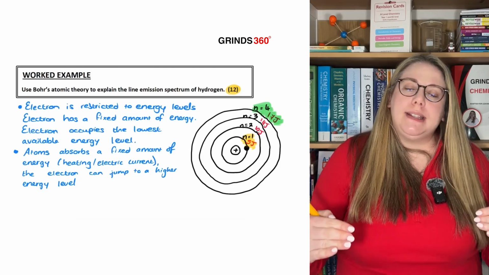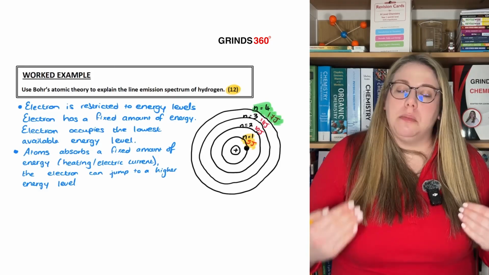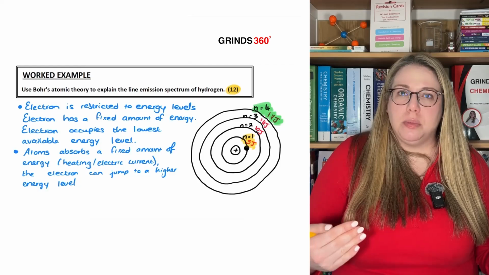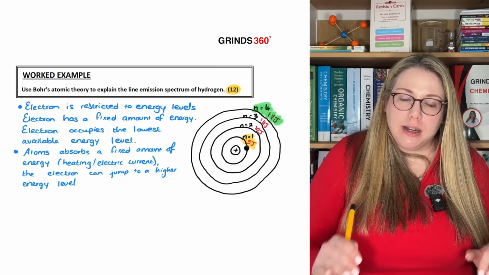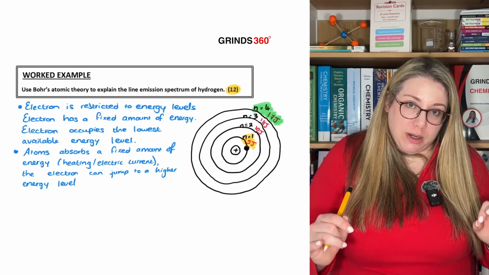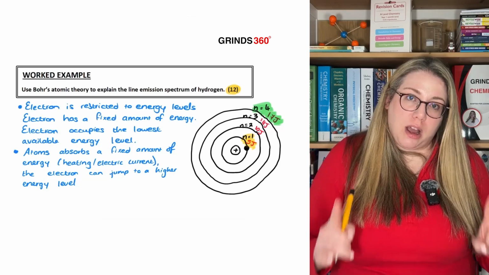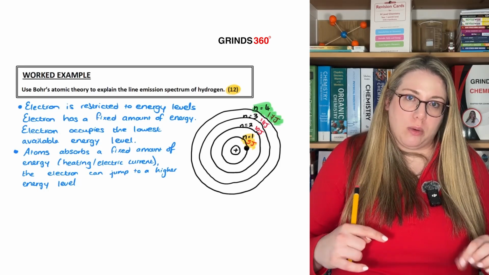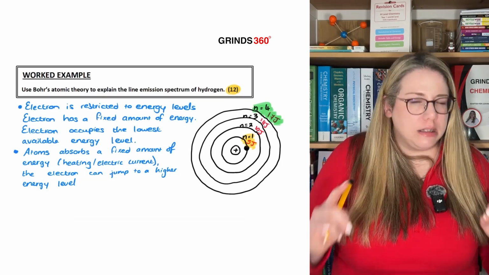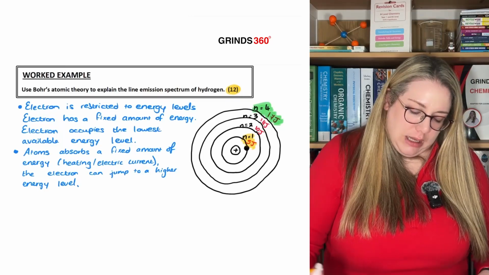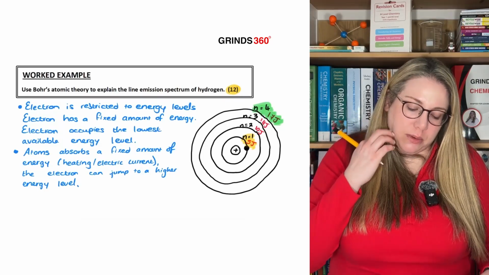While this is not an English exam, keywords are important in chemistry. You can't just start abbreviating throughout your answer. So spell out the word electron and spell out the words higher energy level. Don't just go excited state or ES. Don't do that. So your electron can jump to a higher energy level.